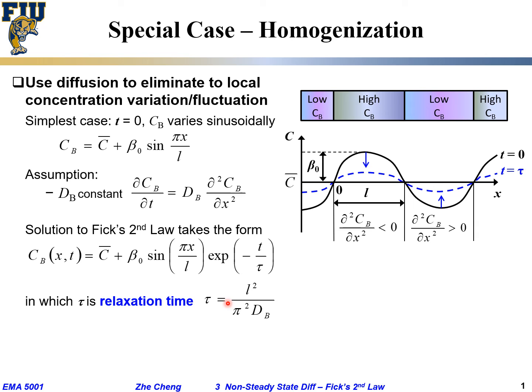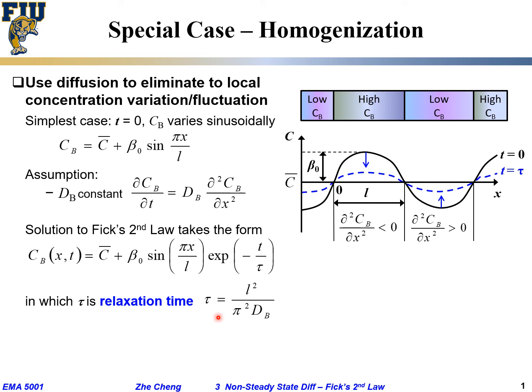Remember, L is how long this high concentration range or low concentration range is. When L is very, very large, remember diffusion takes time. Then it's really going to take a very, very long time for this to become homogeneous, uniform. Make sense?